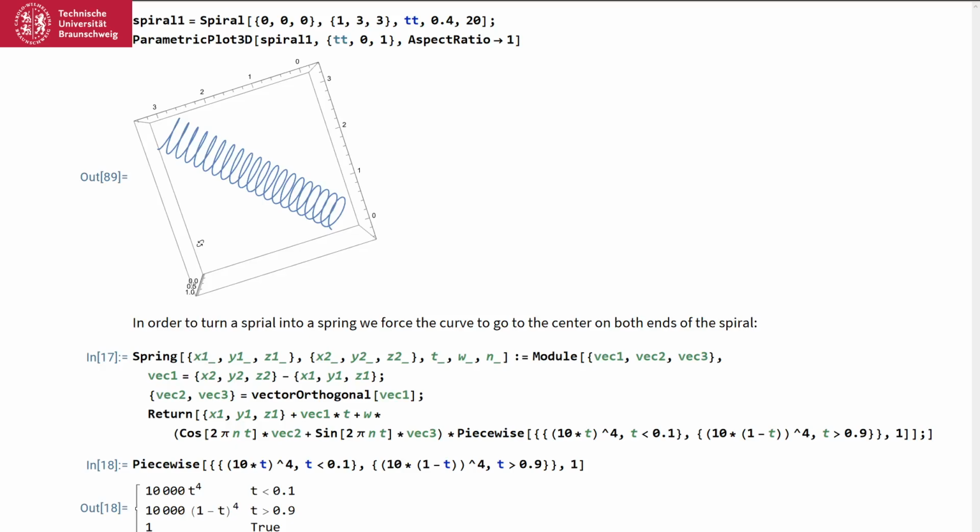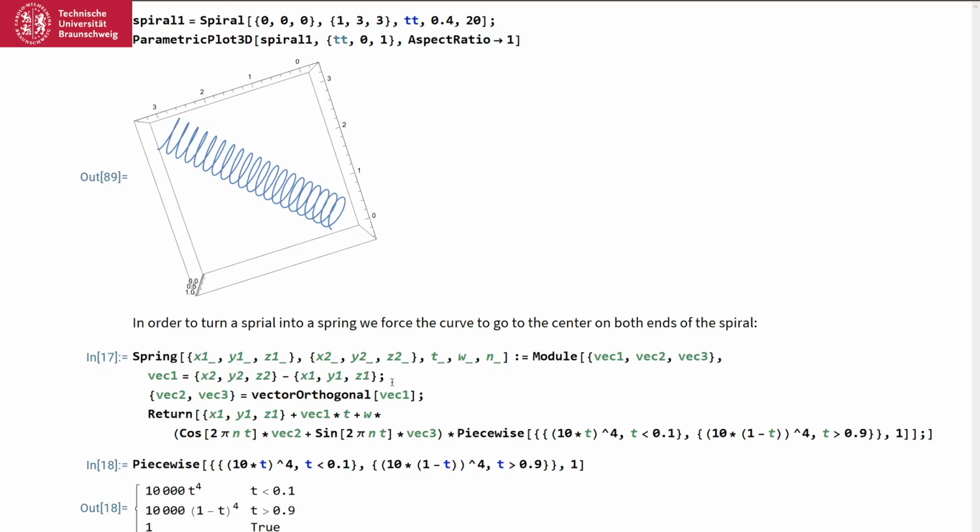Okay, the spiral is not yet a very good approximation of a spring, because a spring usually has an end point that goes to the center and the beginning point that also goes to the center. Yeah. So now this is your personal creativity, how you would like to draw this.